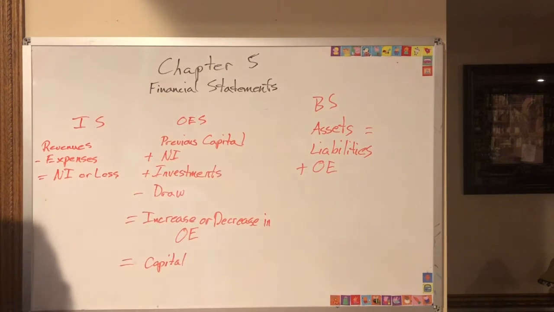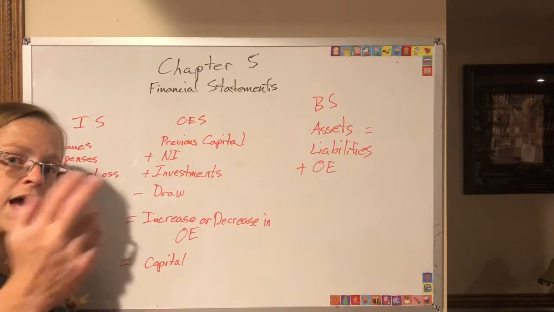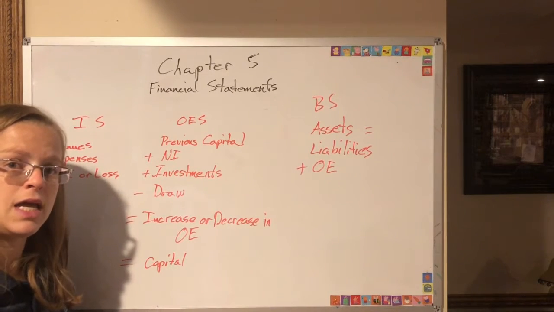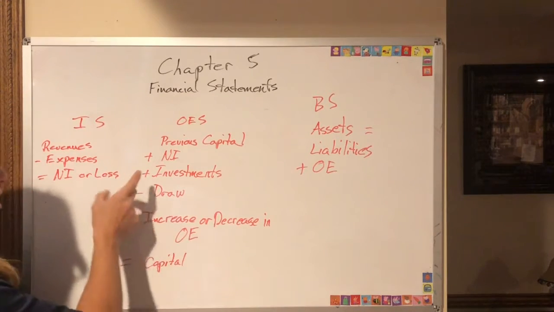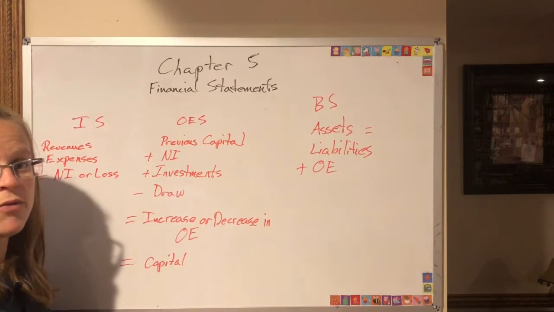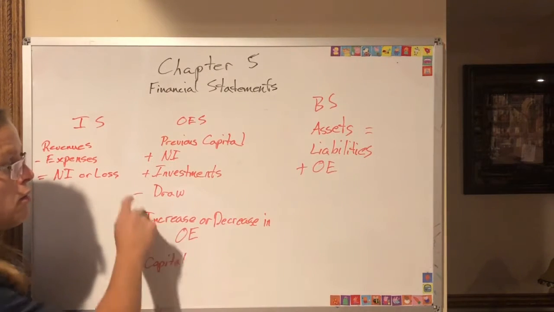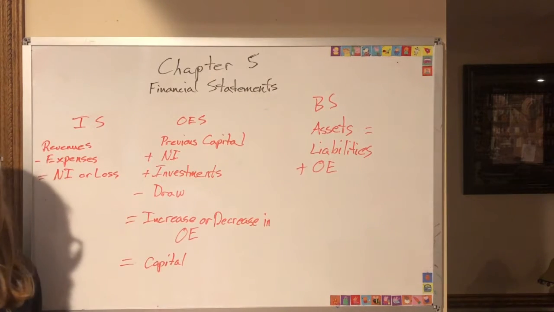Owner's equity statement. You take the previous capital. Did the owners have capital that was already invested in the organization? Plus your net income, so you take it from the income statement and you put it on the owner's equity statement, net income. Plus any investments, minus any draw.